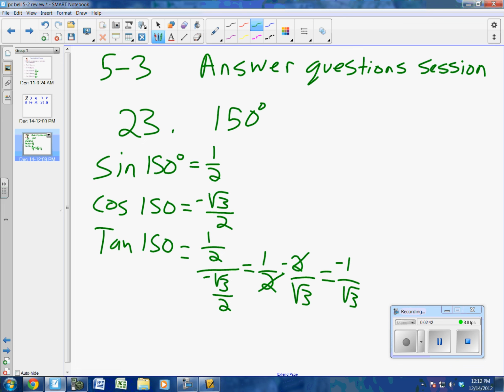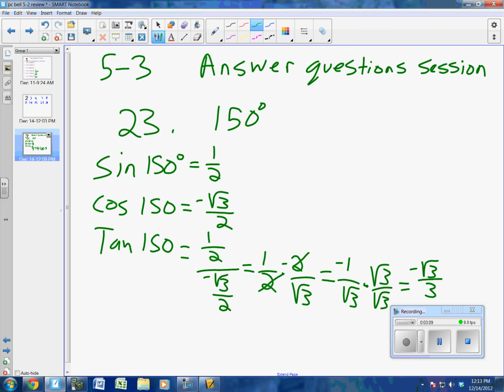Is that our final answer? No, why not? Because we have a square root 3 in the denominator. How do we get rid of that? We rationalize it by timesing the top and bottom by the square root of 3, and what do we get? Negative square root 3 over 3. So there's the tangent.